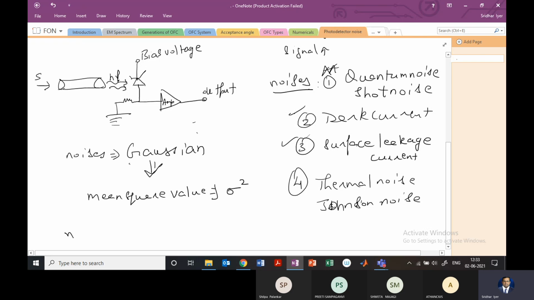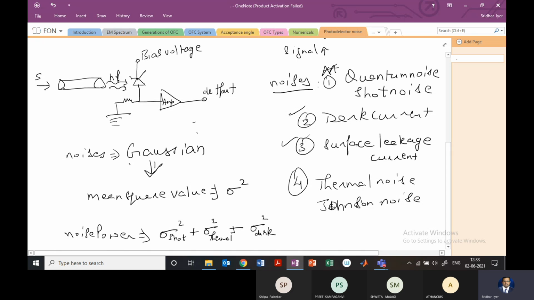So the total noise power in the presence of all these noises just becomes, let's say, sigma square shot, that is because of the shot noise, plus sigma square thermal, that is power due to thermal noise, plus if you have the dark current or surface leakage current, you can also add them.